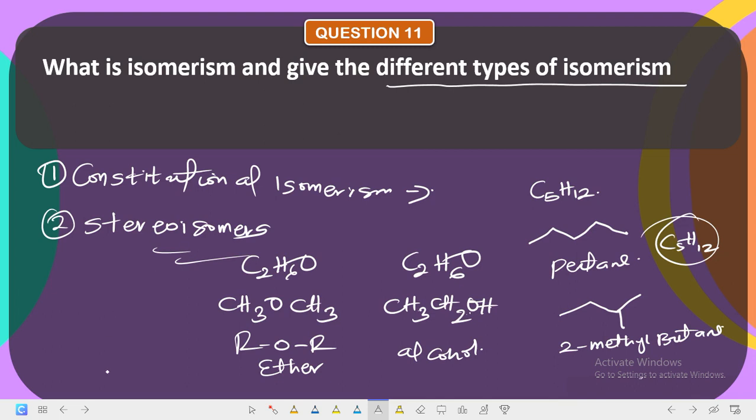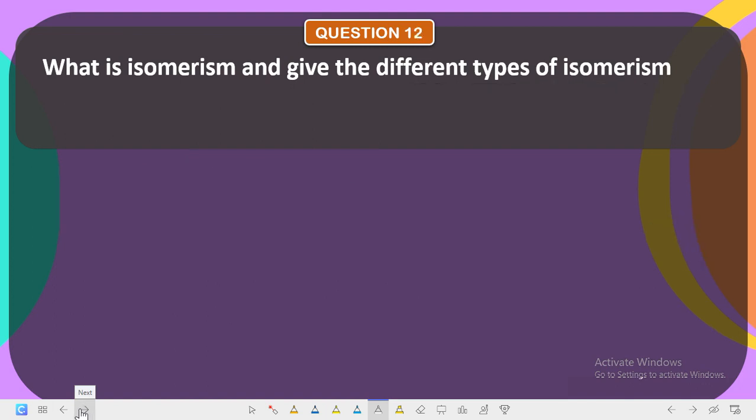While stereoisomers, let's say stereoisomers are atoms or compounds. No, they are not atoms.